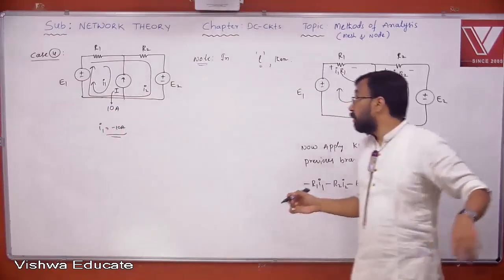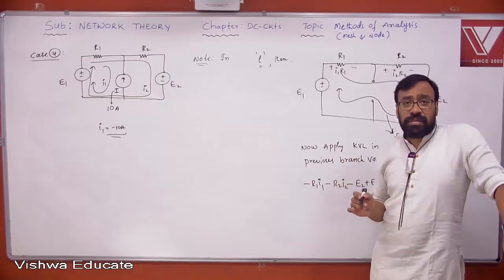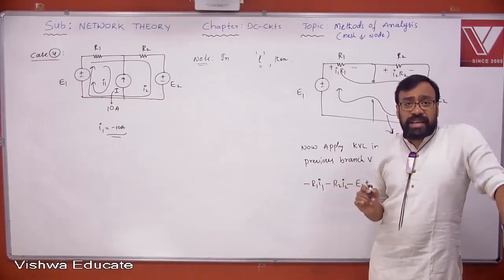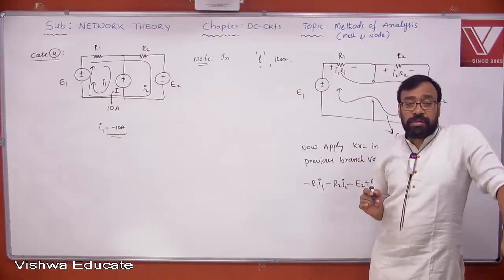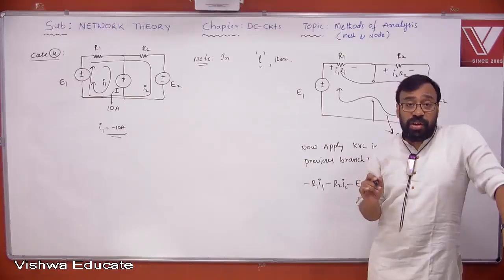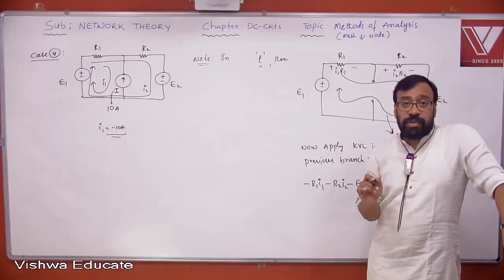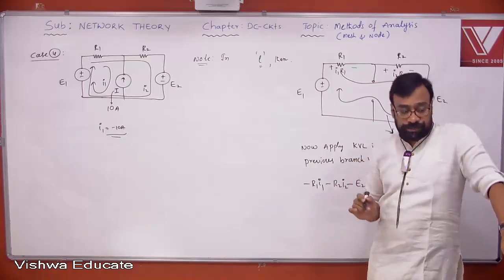Okay, write down. In such cases, the number of equations depends on the selection of loop currents. Is it clear, all of you?